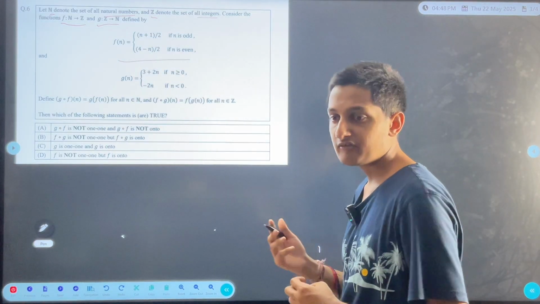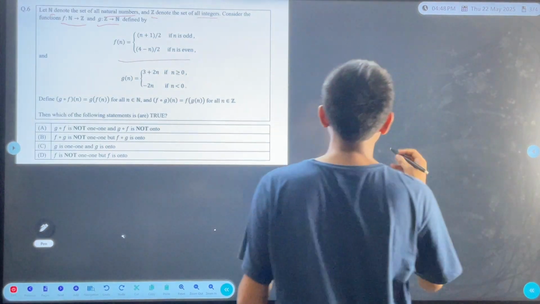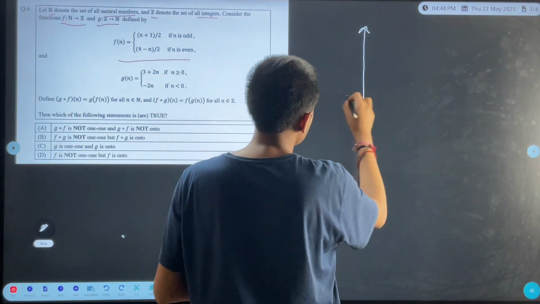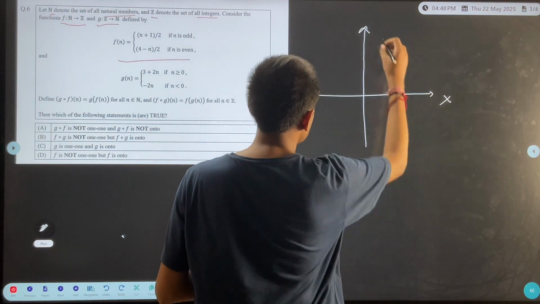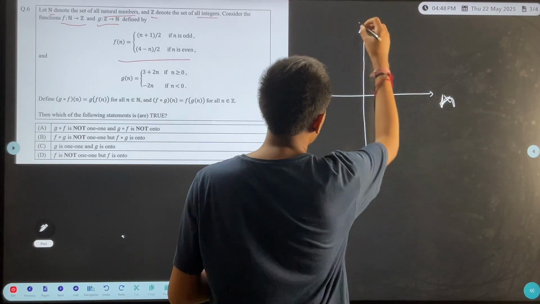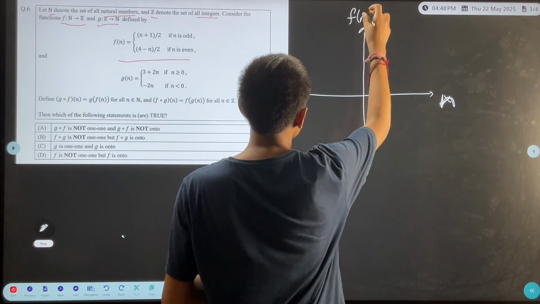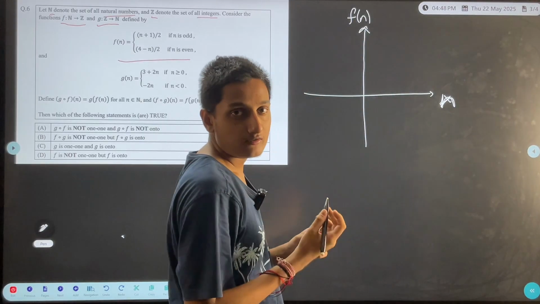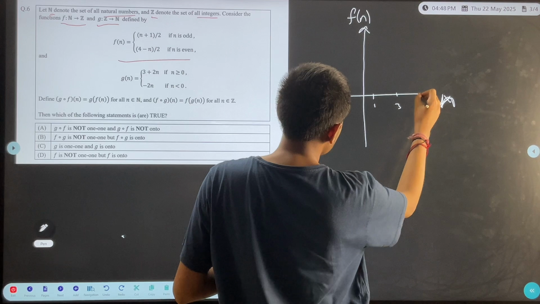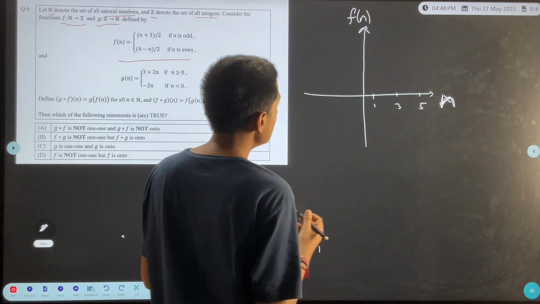So let's try and quickly plot f of n. So here is my y axis and here is my x axis. I'll denote this as n and this will be my f of n. First let's only look at the odd natural numbers 1, 3, 5 and so on.